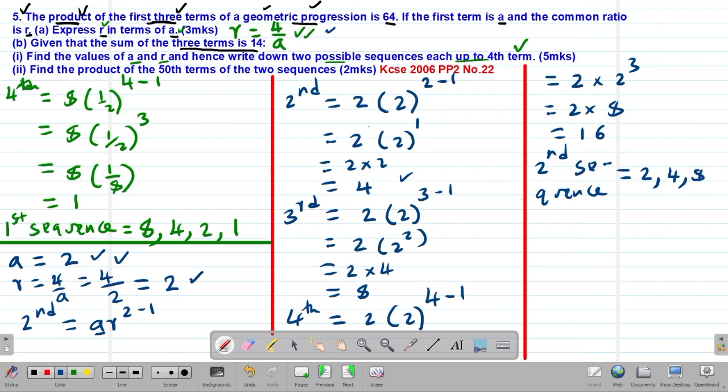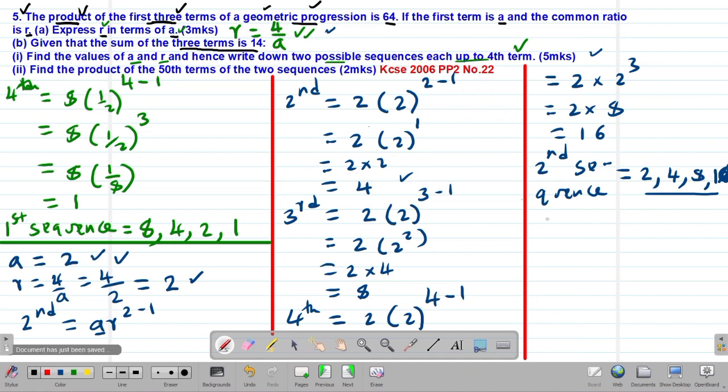Then, of course, the last term, the fourth term, is positive 16. So this is our second possible sequence: 2, 4, 8, and 16. So we're required to find the values of n and r, hence write down 2 possible sequences up to the fourth term. So we've answered that. Then we move to B Roman 2 of the question.